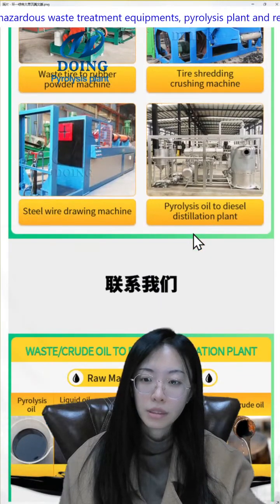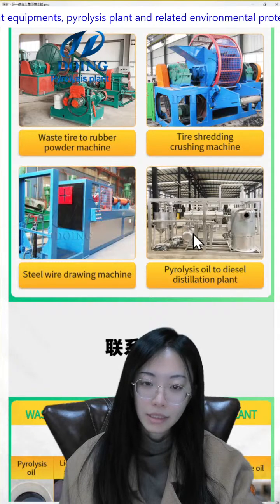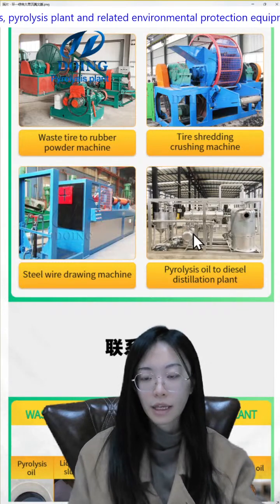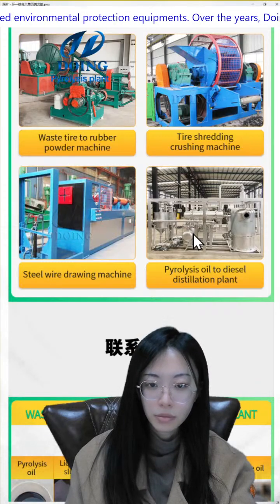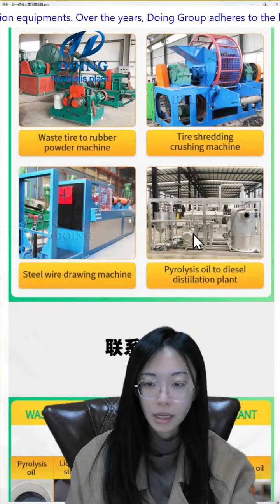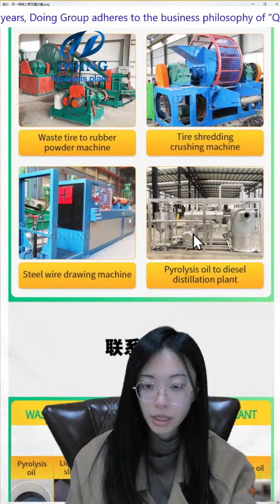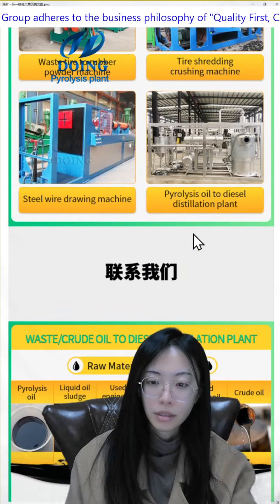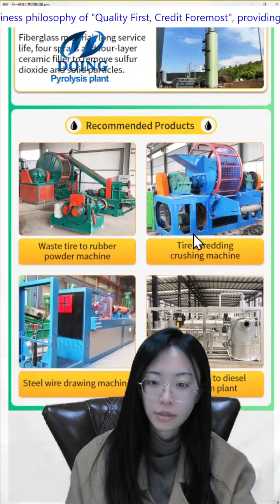And also the pyrolysis plant to diesel plant. This is to turn this kind of waste into diesel, and we can sell it in more areas, like for ferries. They can use this diesel, and agricultural machines, mining machines, and oil generators. And this is a different situation.